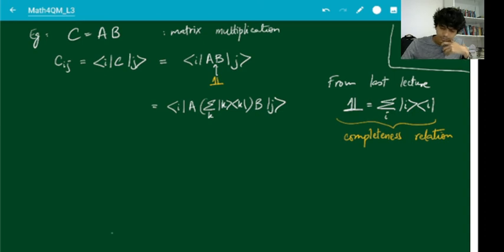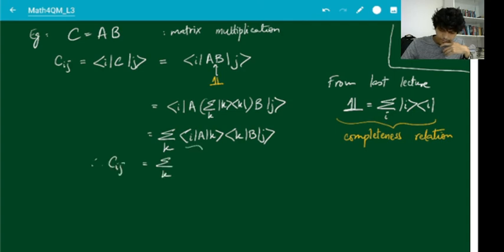I'll pull the summation out, and I have ⟨i|A|k⟩⟨k|B|j⟩, and this is just the ikth component of the matrix A, and this is just the kjth component of the matrix B.